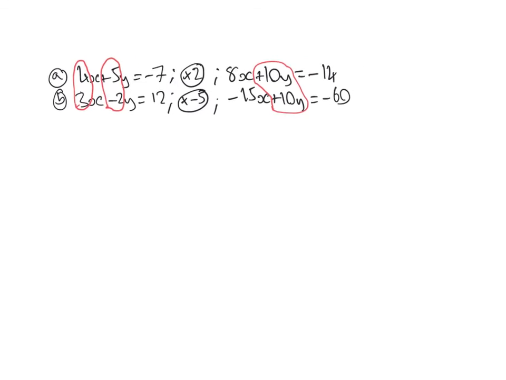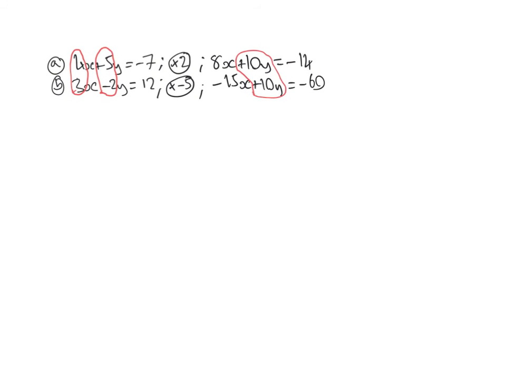Now, if you remember from our last step, we just want those terms on the same side. So we rearrange the equation. We want the 10y there. There's an 8x on the left-hand side. Move it across to the other side where there's already a negative 14, so the positive 8x becomes negative 8x. And here we've already got our 10y, and a negative 60 on the right-hand side.